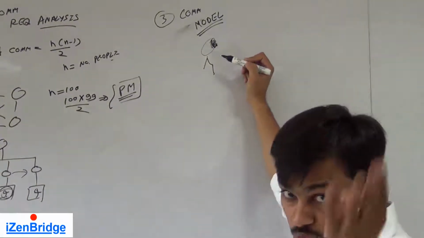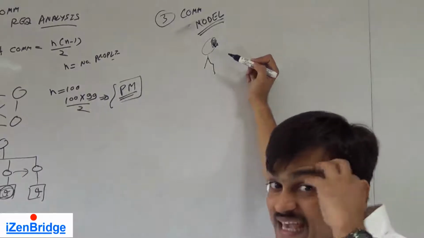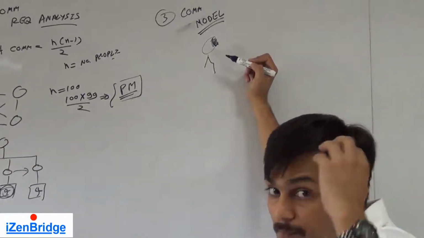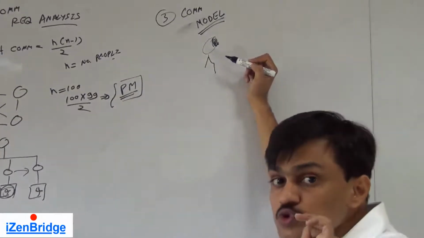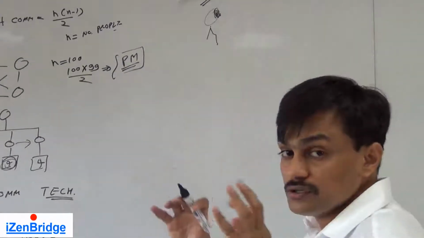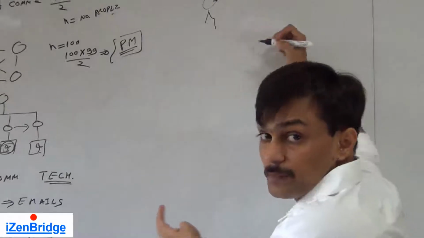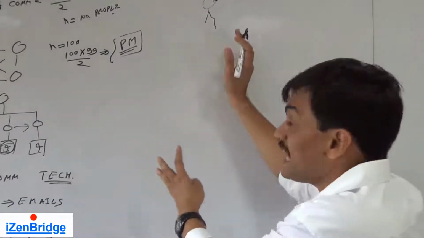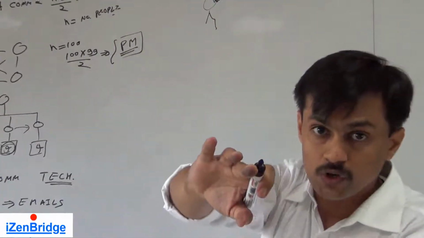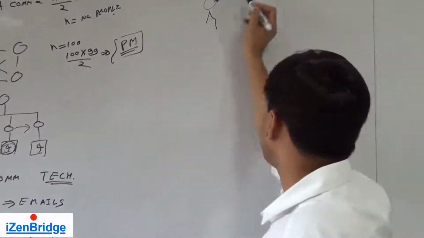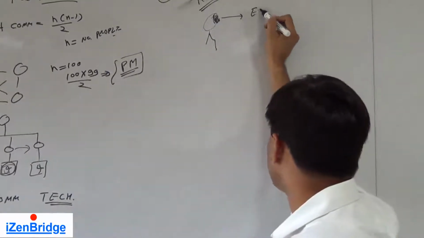Whenever we are communicating, even I am communicating, I am thinking something. And whatever I am thinking, I try to convert my thinking into words, writing something on a whiteboard so that it can get communicated to you. So I am thinking and then I am encoding.